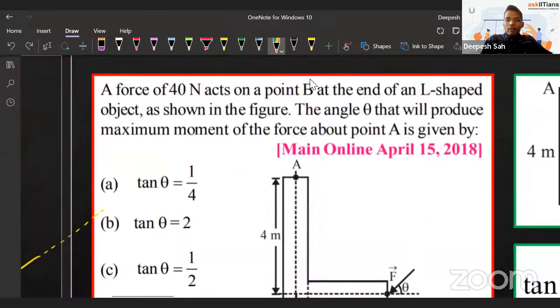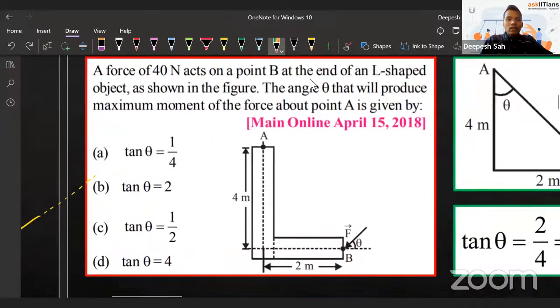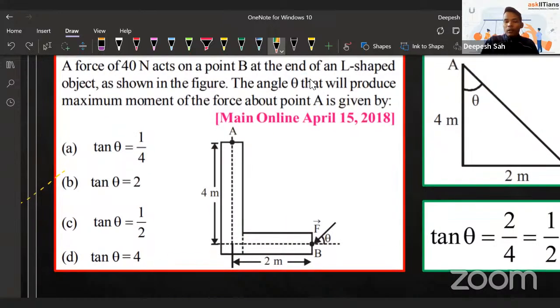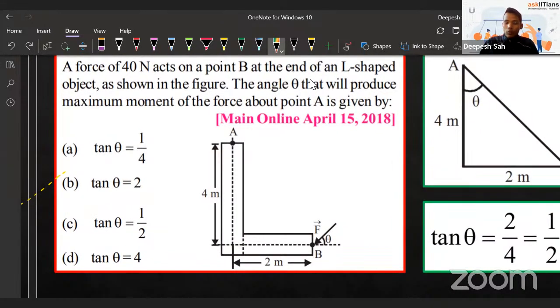For example, let's have a look at this question. It says a force of 40 Newton acts on the point B at the end of an L-shaped object as shown in the figure. The angle theta that will produce the maximum moment of force about the point A is given by. So we have to calculate the value of theta. First of all, we need to know the perpendicular distance.